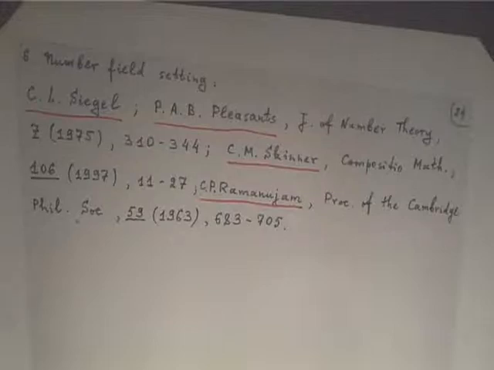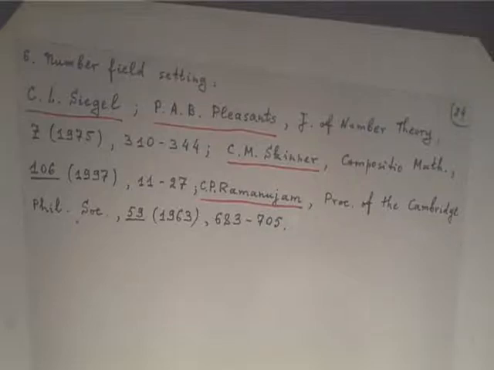After the papers of Birch and Davenport, there was an important paper by Ramanujan where he proved that a cubic form of sufficiently many variables over a number field has a non-trivial rational point in this number field.